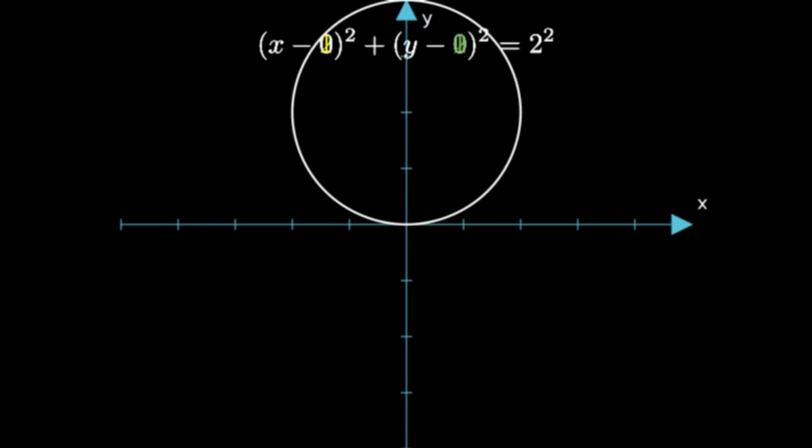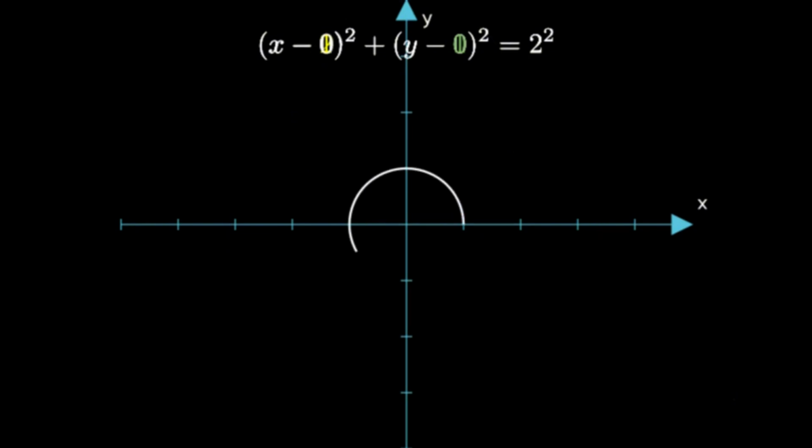Let's observe this effect by gradually increasing k from 0 to 2. Just as we expected, as k increases from 0 to 2, the circle moves upward along the y-axis. The equation changes to x² + (y - 2)² = 4. This vertical shift is reflected in the new center coordinates of the circle, which are now at point (0, 2).